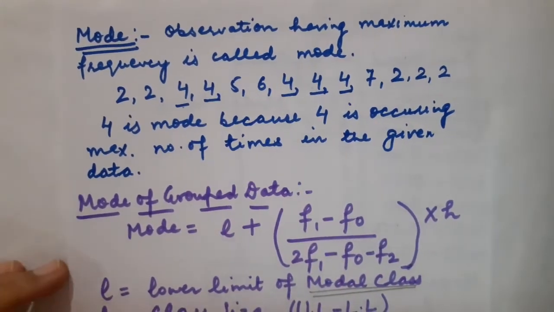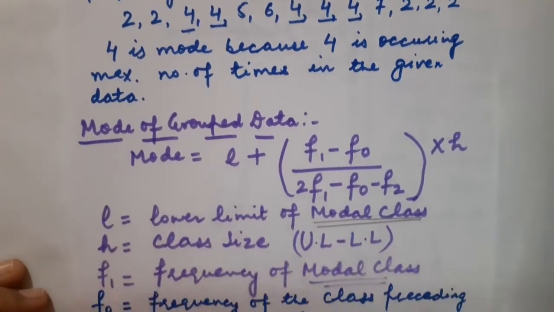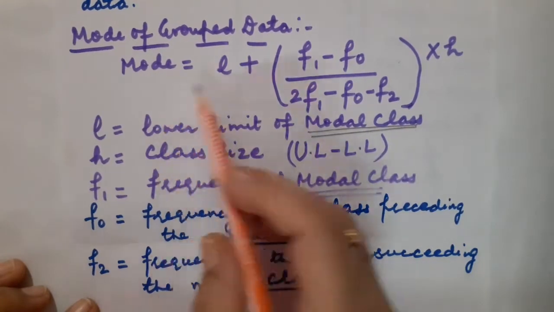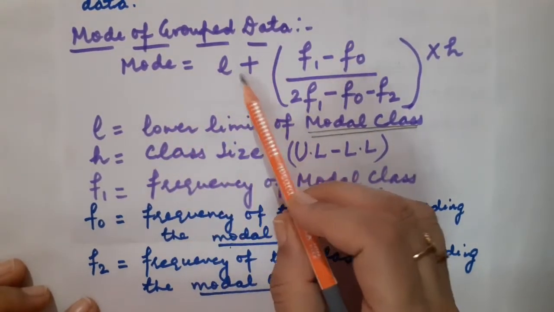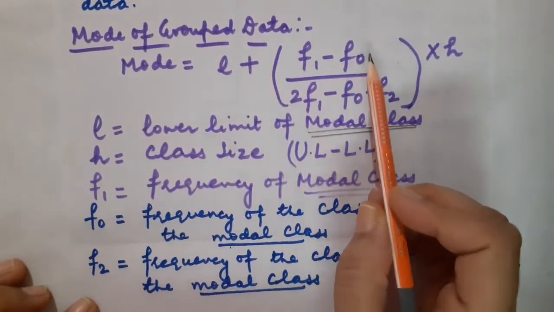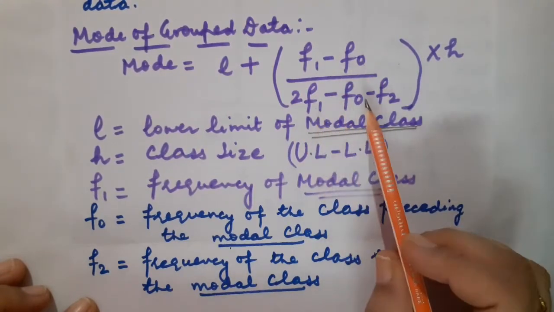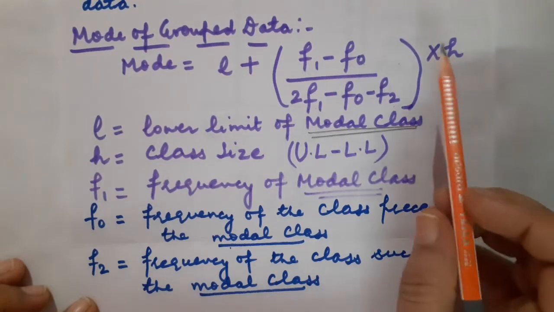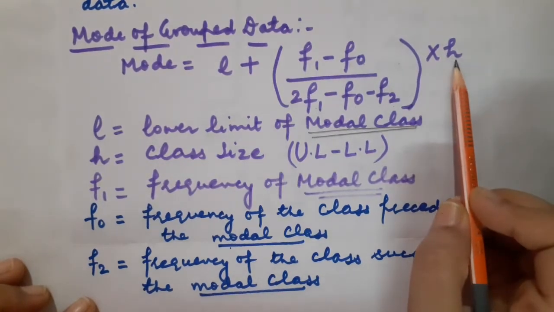So 4 will be considered as mode. But as we are going to deal with the grouped data, in that case, the formula is mode is equal to L plus F1 minus F0 upon twice of F1 minus F0 minus F2 into H. H, you know, that is class size, correct?